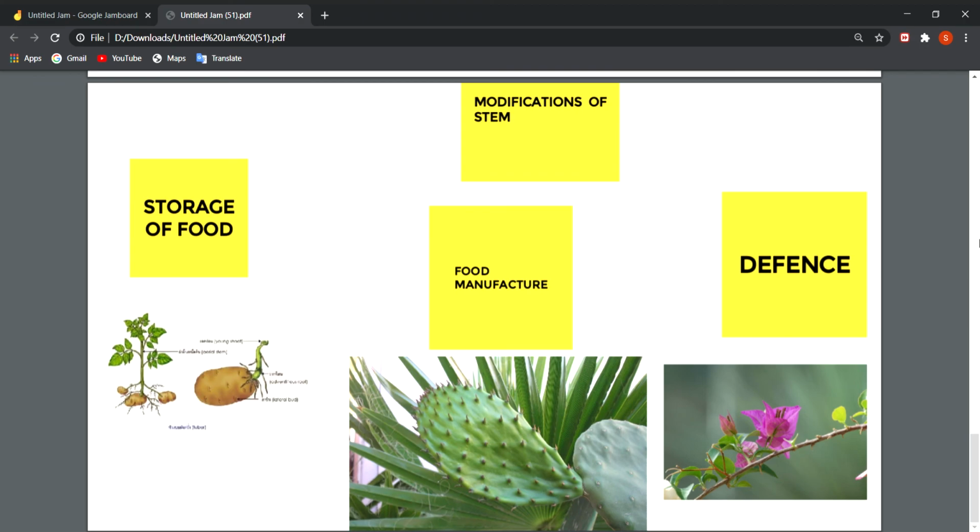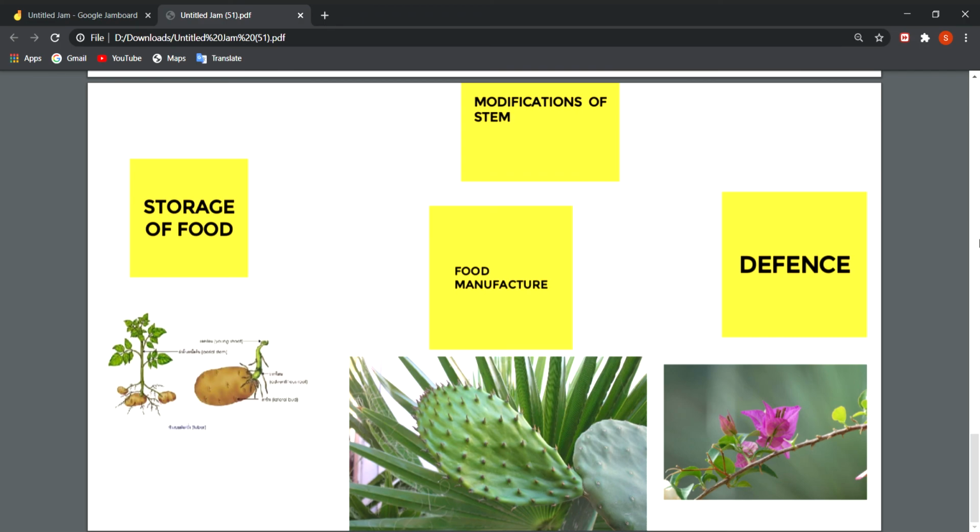So, there are three modifications, or three additional works besides conduction and support, which the stem of the plant does. They are storage of food, like the stems we eat, that is onion, ginger, potato; then manufacture of food in desert plants, mainly cactus plants; and defense.